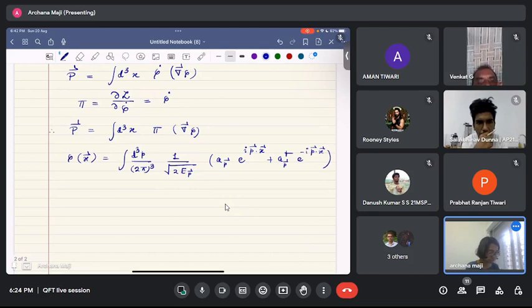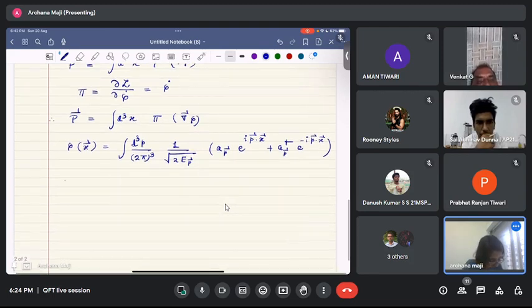And the momentum operator was defined like this.